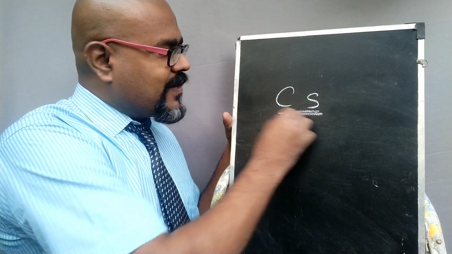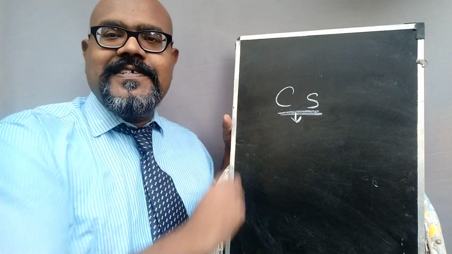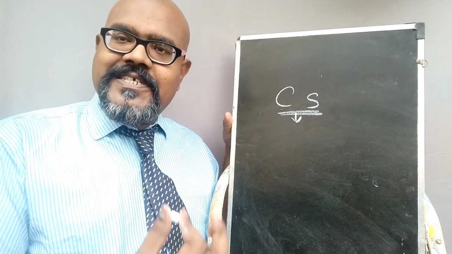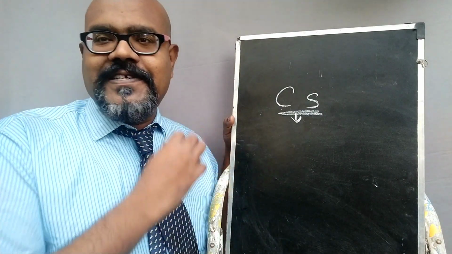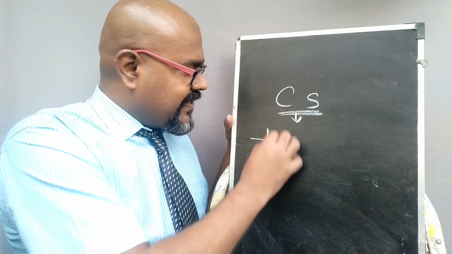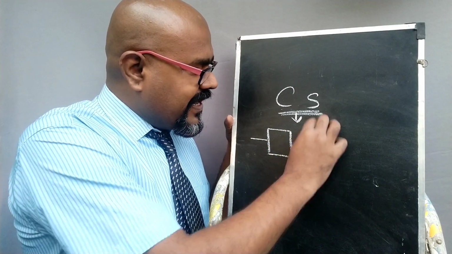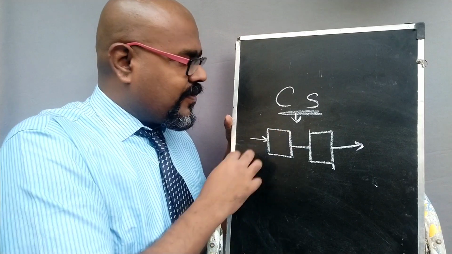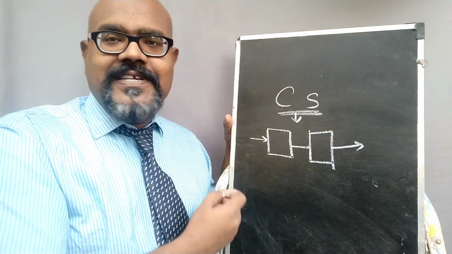What is meant by the control system? Of course we know what a system is: a group of elements combined together to do some special or particular function is called the system. In the previous video we said that a group of elements combined together to give the response is called a system.